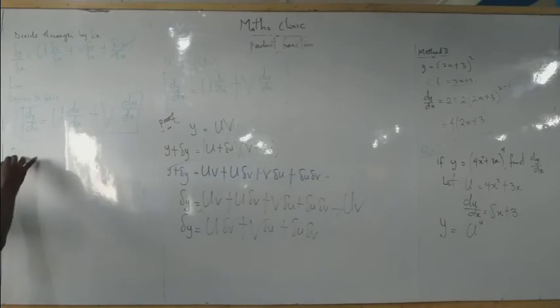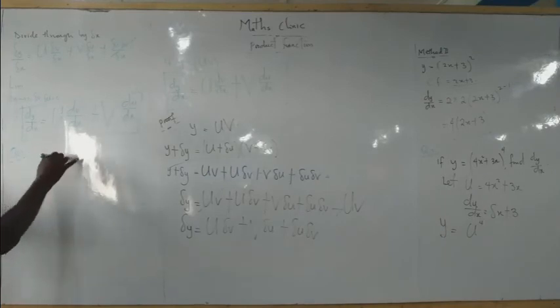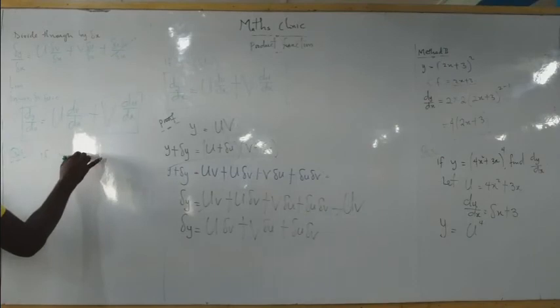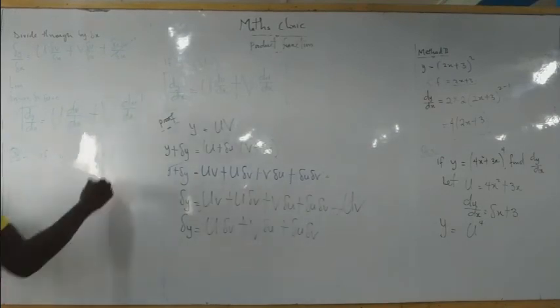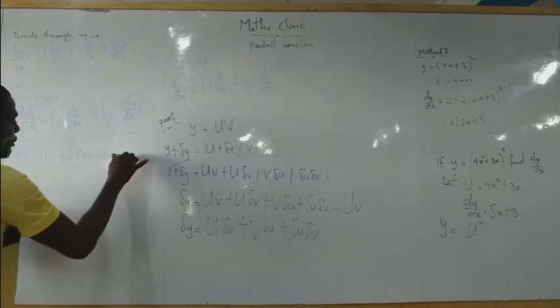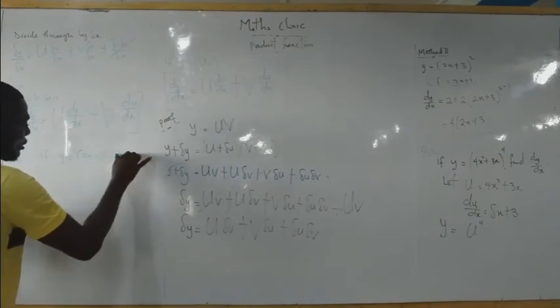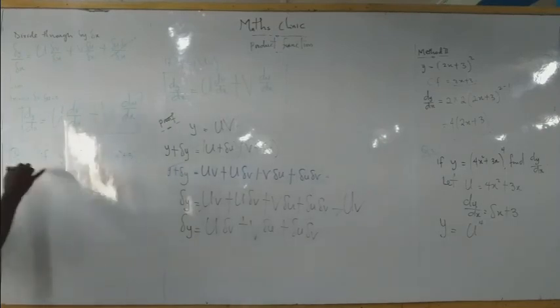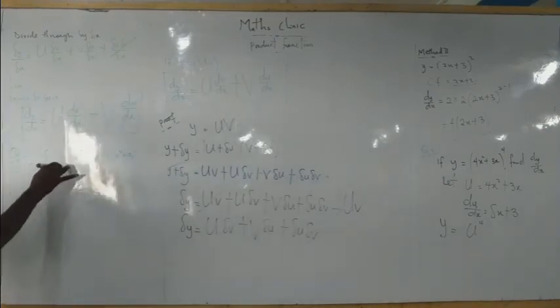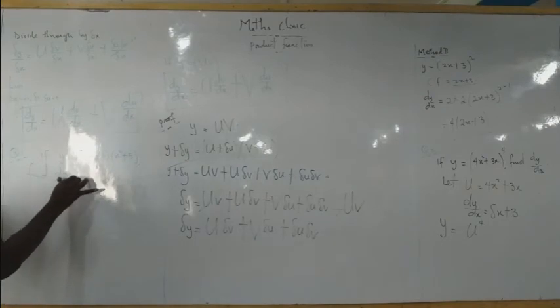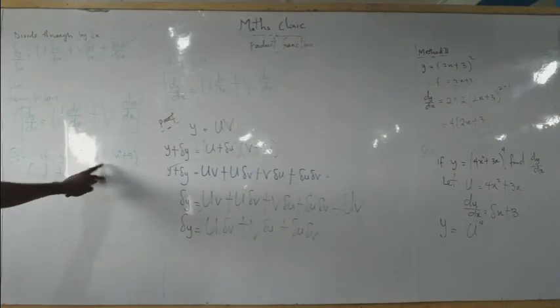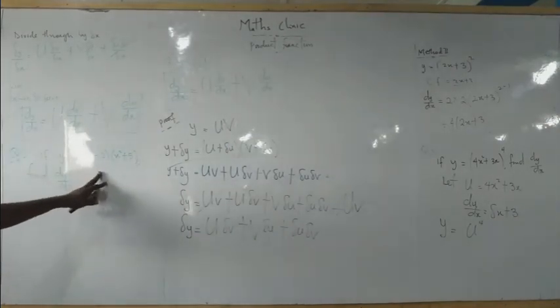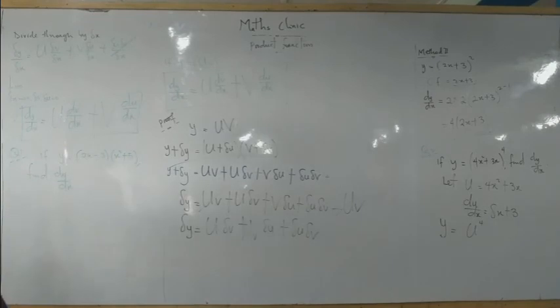Question 1. If y equals 2x minus 3 into bracket x squared plus 5, find dy/dx.